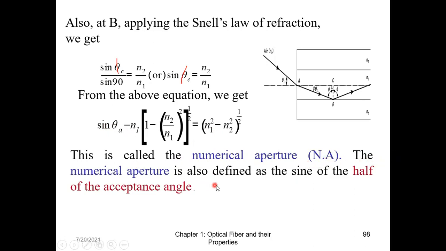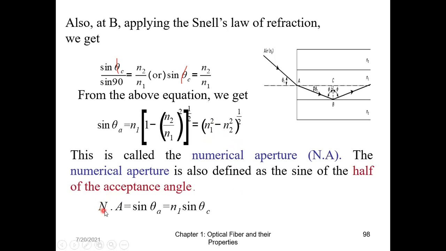Numerical aperture is also defined as the sine of half of the acceptance angle, because that acceptance cone is 2 theta A. So half of that acceptance angle is nothing but your numerical aperture. So NA is equal to sine theta A, which is equal to square root of n1 square minus n2 square. Is this clear?